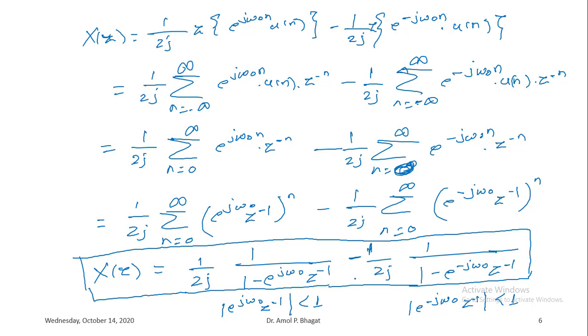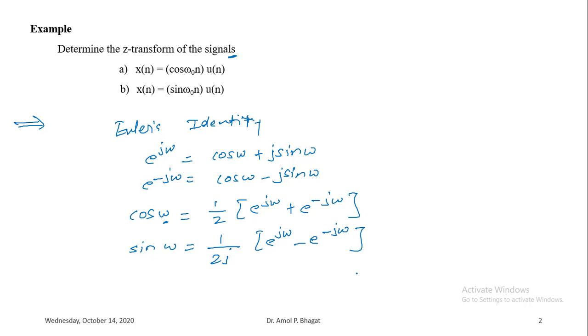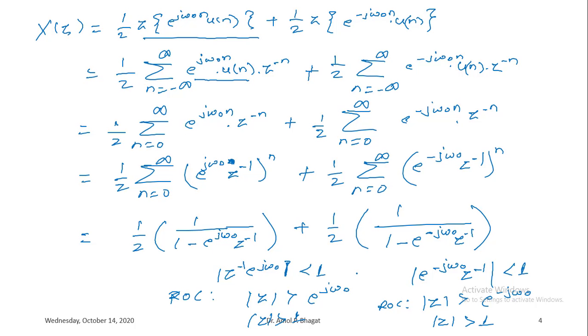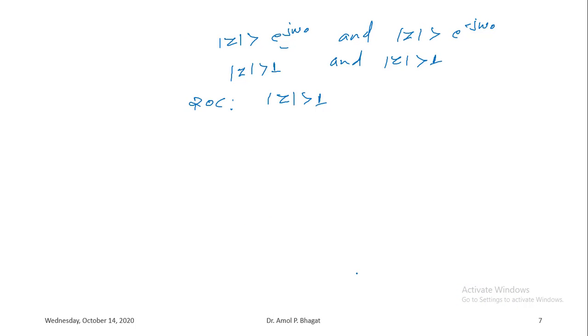You can subtract it and simplify it if required, right? So this is how you can again apply the linearity property and you can identify the Z transform of the given signal, which is in terms of cos and sine functions. Here we have used the Euler's identity. So this is how you will be using the linearity property to identify the respective Z transform.